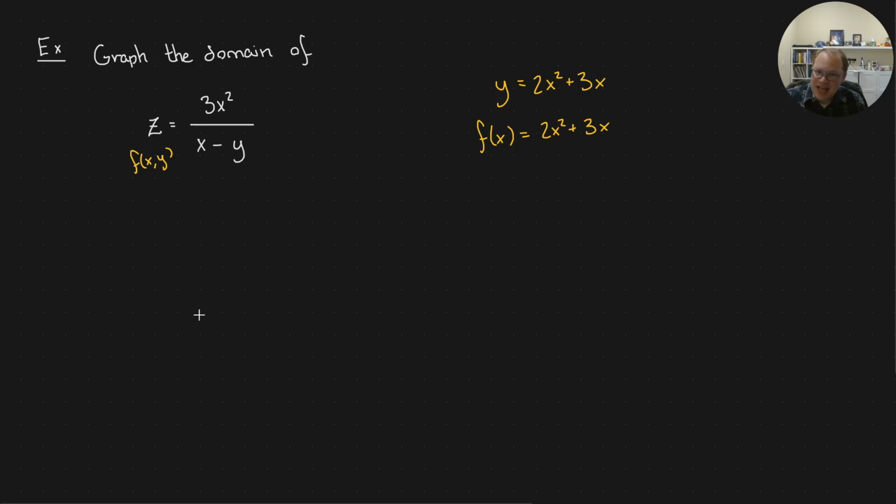But z is a function of x and y because I'm able to get z by itself on one side of this equation. And for any x, y I plug in, only one z value corresponds to it. I only get one z value for a particular x and y value. That means z is a function of x and y. Okay? All right, so let's graph the domain.